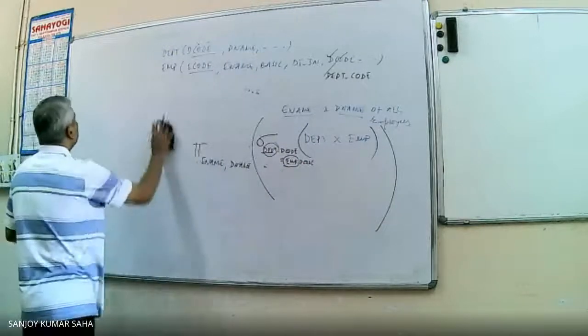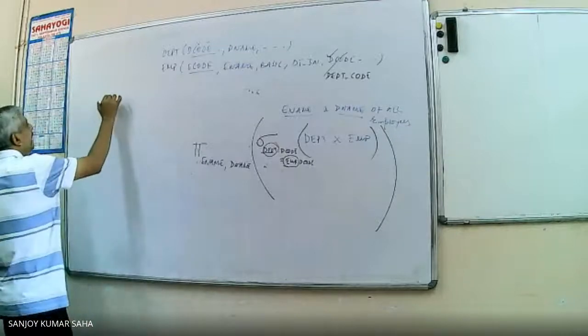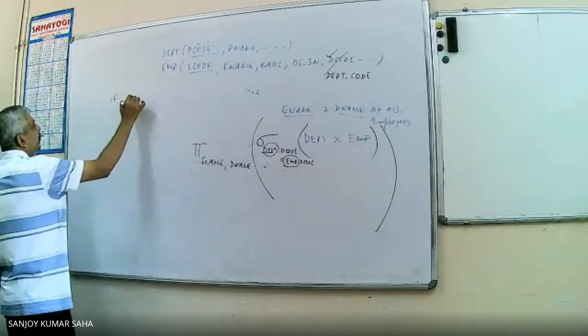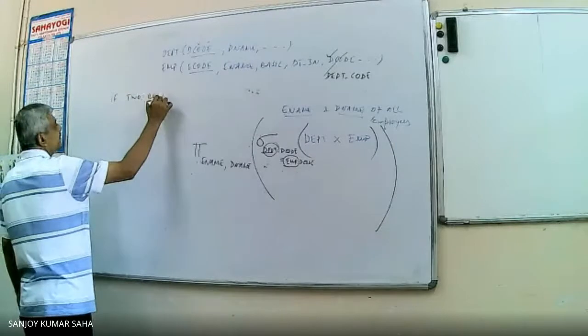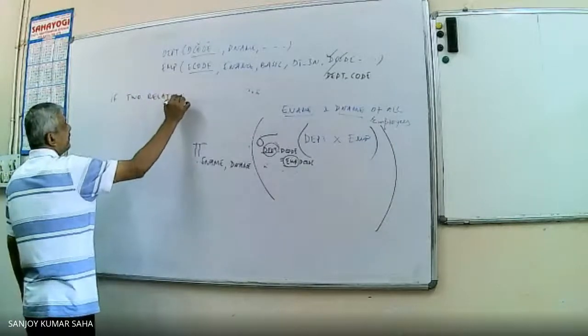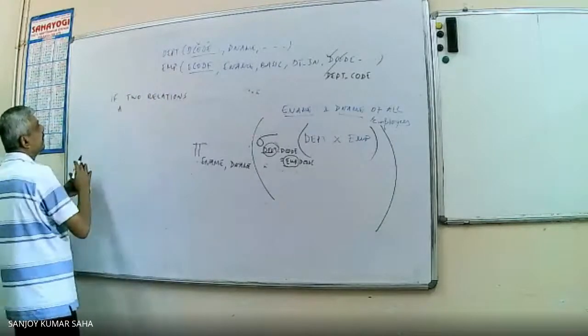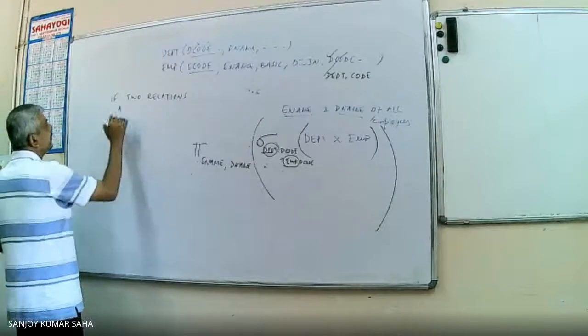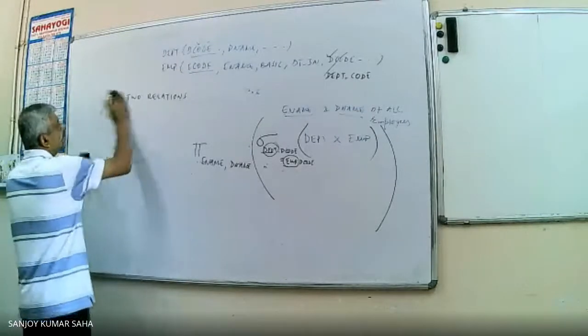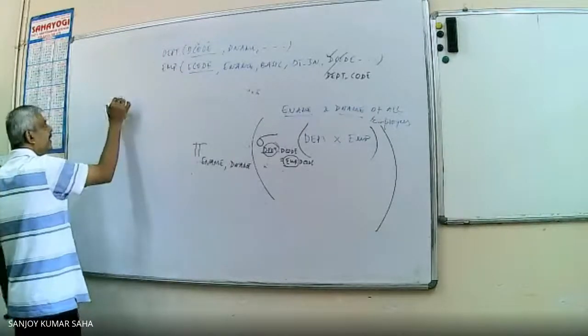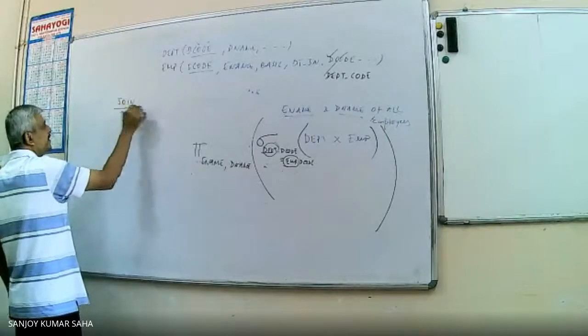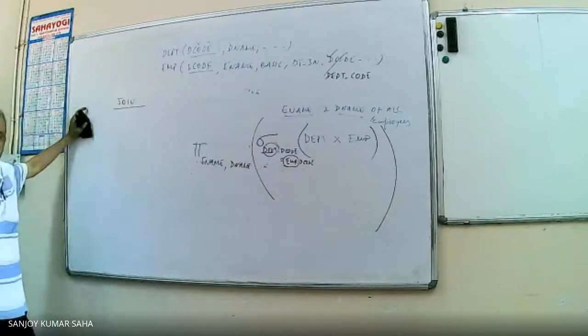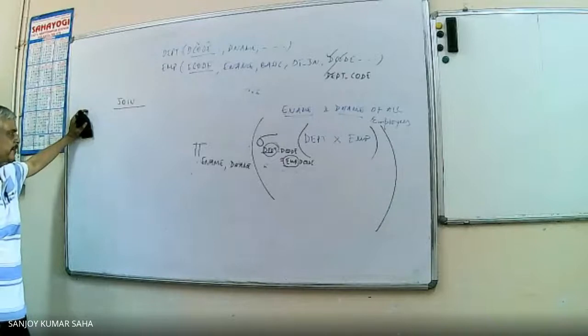Now, if two relations, based on these, there is a join operation. This is not a fundamental operation, it is a derived one.